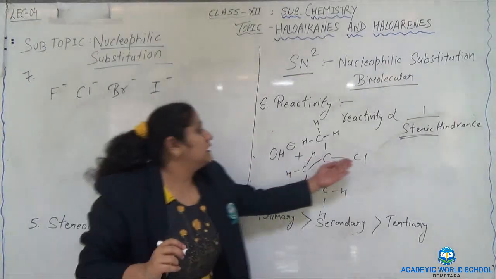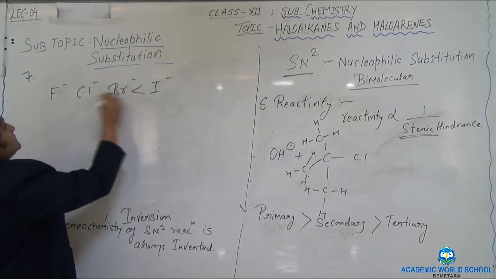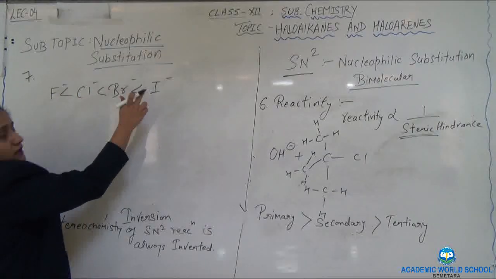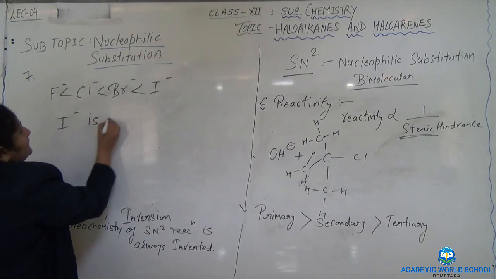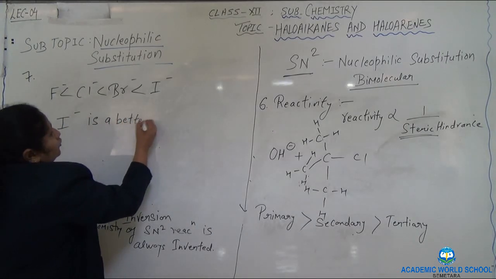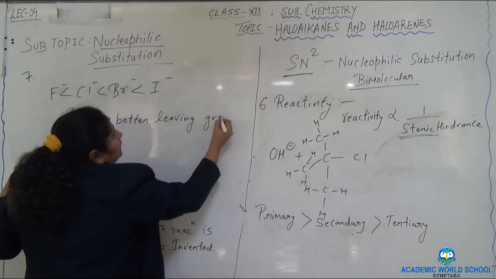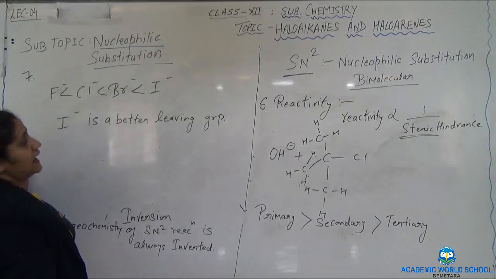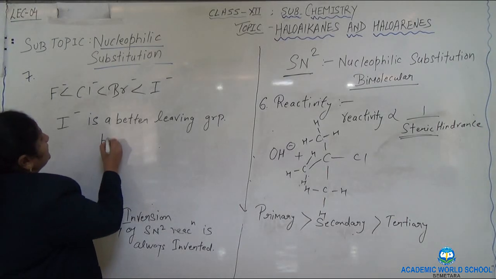If I change the halogen atom, I minus will always be greater than fluorine minus in reactivity, and the reason is that I minus is a better leaving group. And this better leaving group is because of the bigger size.